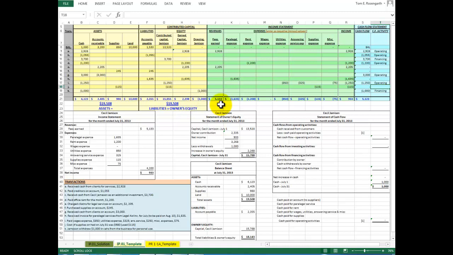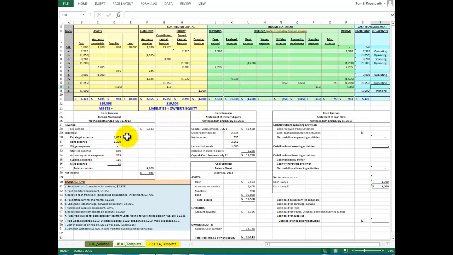Let's do what's important for the owners first, the income statement. So we will just put into fancy form the revenues, $5,133, and list the individual expenses and use the column totals as the captions that we would have on the income statement.